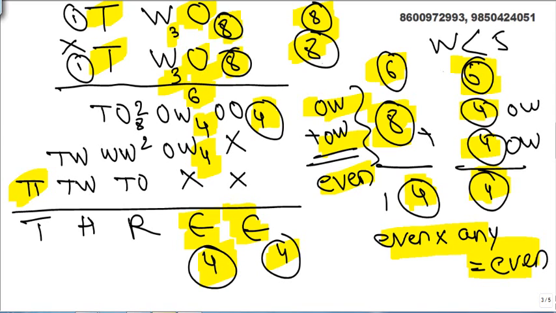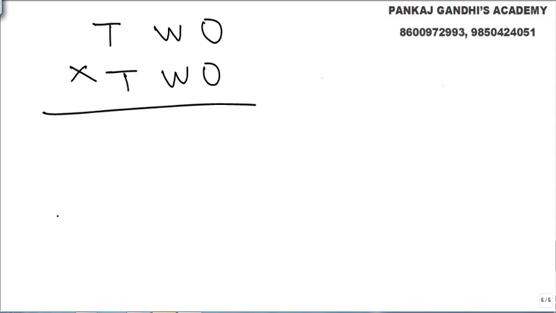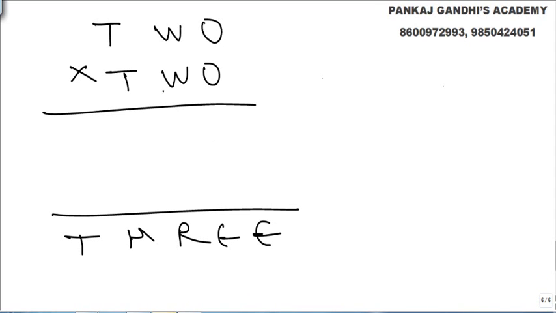OW 24, 4, W into W, we get 3 into 3, 9 plus 2, 11, 1, and this will go on. The question was 2 into 2. We needed the summation to be THREE. We just got the answer.